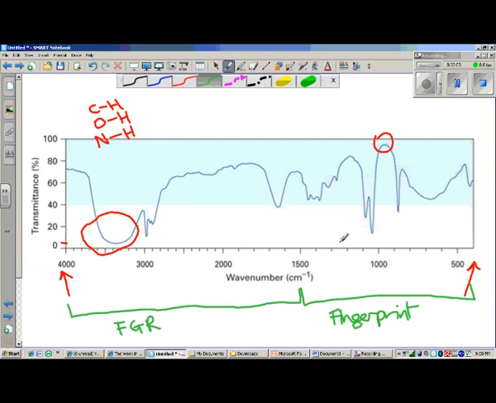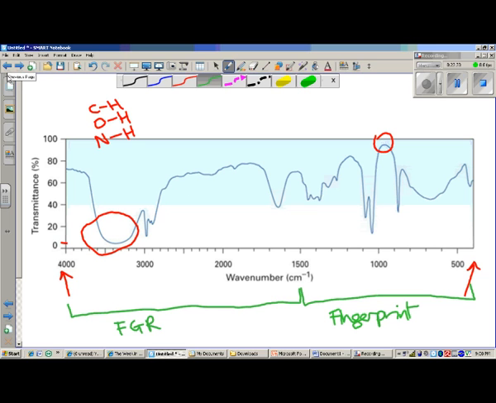Anyway, as long as you can use the tool for what it should be used for, generating basic structural information about functional groups present in a molecule, you'll be fine. Couple this with mass spectrometry data, and you have quite a bit of information about your molecule right there. The one thing IR is no good for is telling you anything about the molecular weight of the molecule. That's just no good.